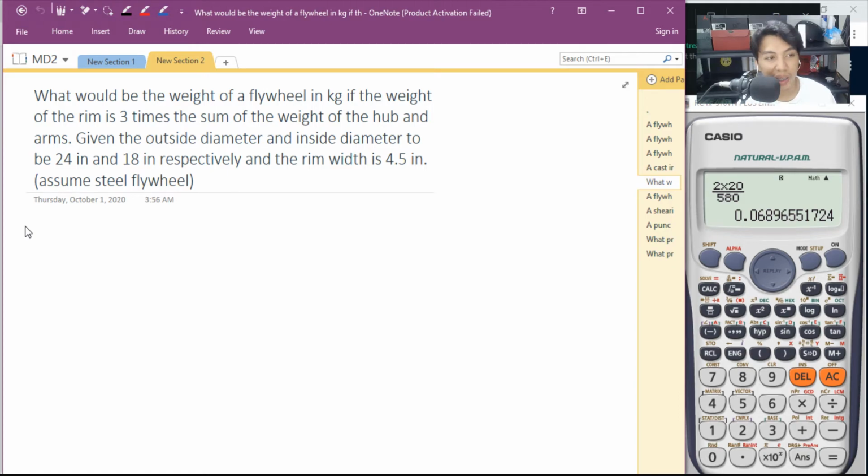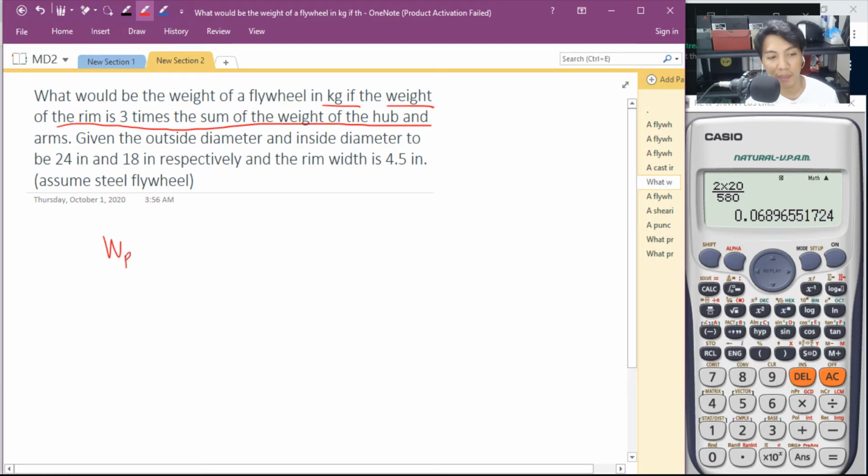So this is moderate. What would be the weight of a flywheel in kilograms if the weight of the rim is 3 times the sum of the weight of the hub and arms?